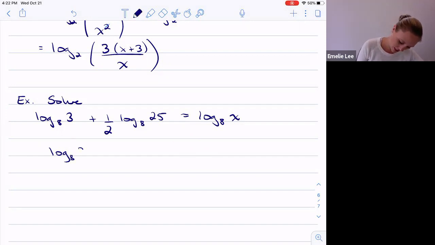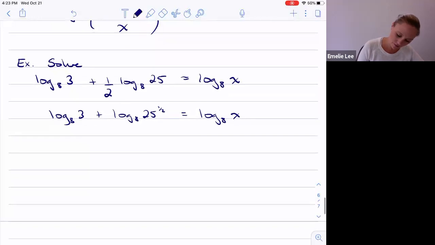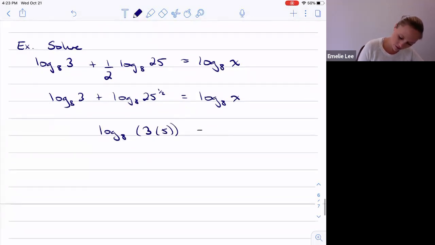So log base 8 of 3 plus log base 8 of 25 to the 1/2 equals log base 8 of x. So the root of 25 is 5. So what we have is the log base 8 of 3 times 5 is equal to the log base 8 of x.